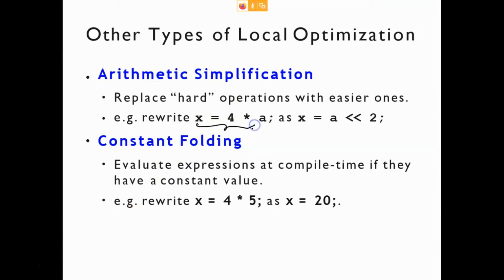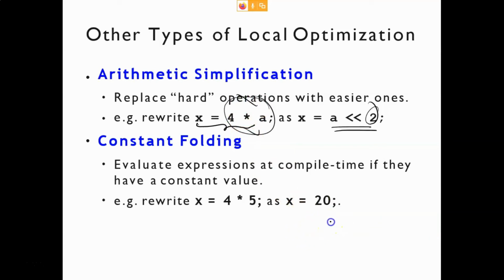Your compiler knows this, even if you don't. So when your compiler sees a statement like multiplication with 4, it can do a left shift two times, because when you do a two time left shift, the value will be multiplied by 4.